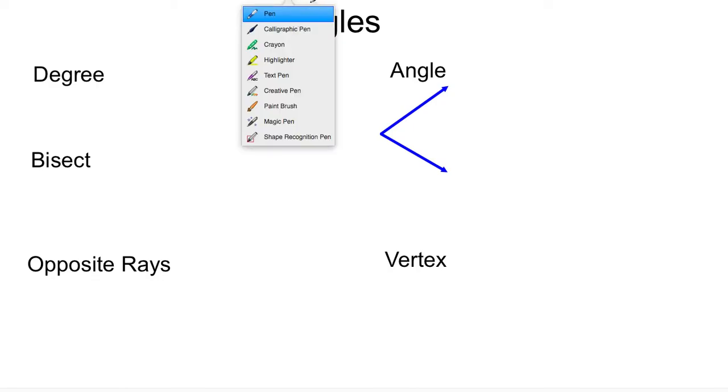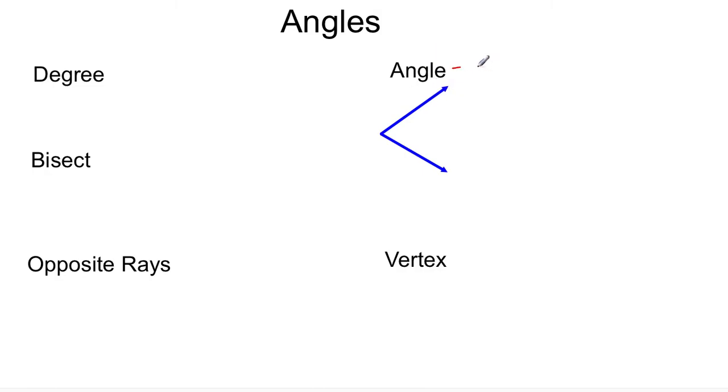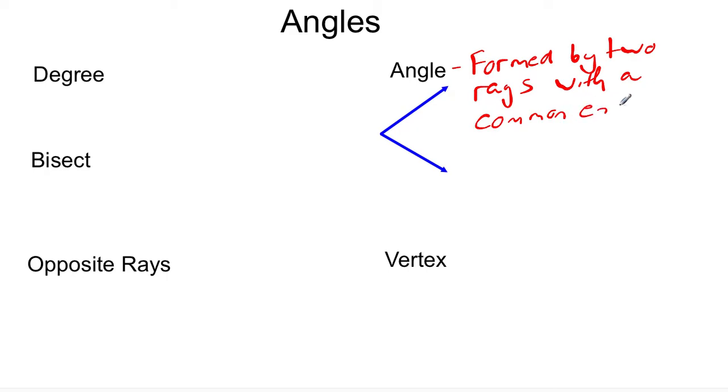So I'm going to just say that we could have an angle being formed by two rays with a common endpoint or intersecting lines. So these are two rays, and here's their endpoint, and so this would be an angle. We can see that this angle is formed by those two rays.